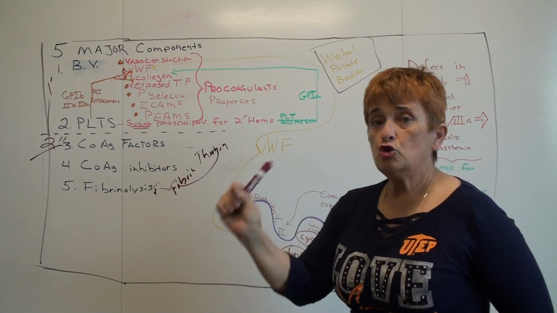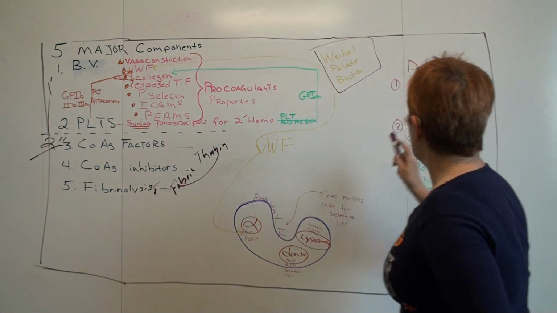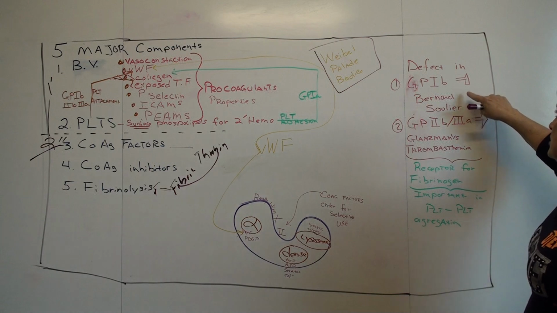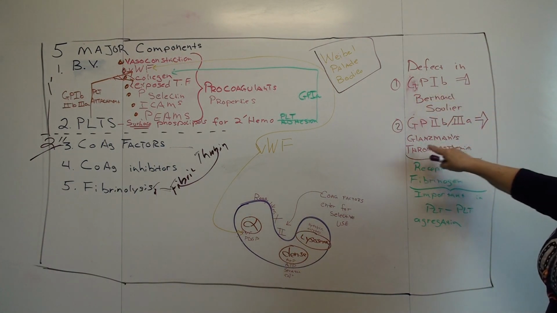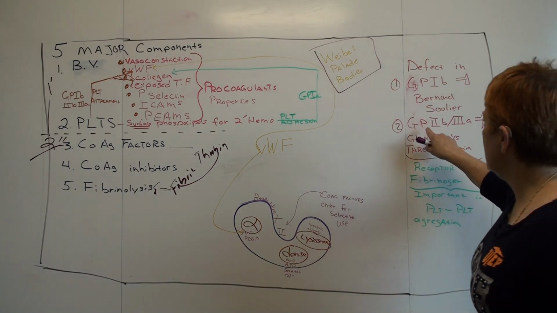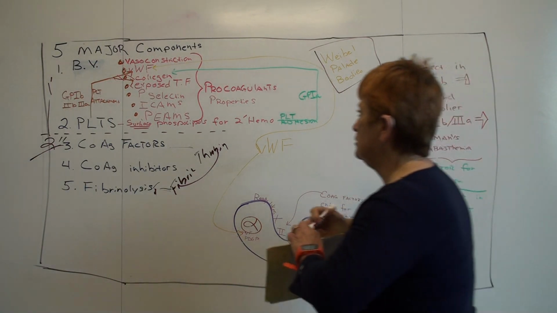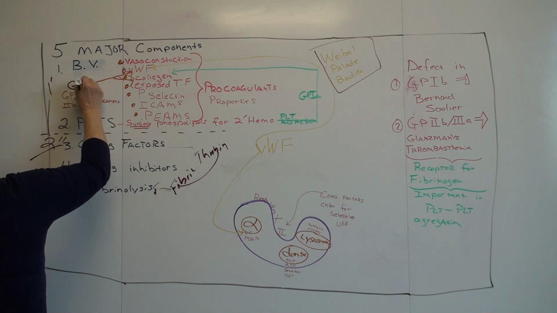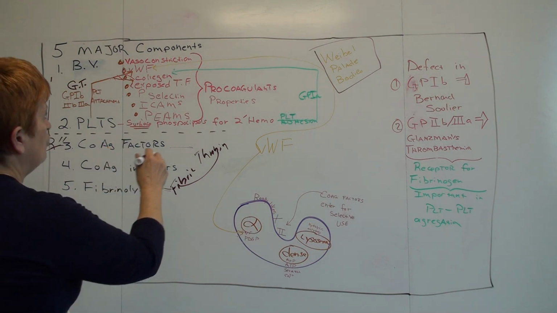Now, two disorders that you have got to remember are, number 1, Bernard-Soulier, which is a problem in GP1B, and Glanzmann's thrombasthenia. Glanzmann's thrombasthenia is a problem in 2B3A. So we could put Glanzmann's thrombasthenia here, Glanzmann's thrombasthenia there, and Bernard-Soulier over here.